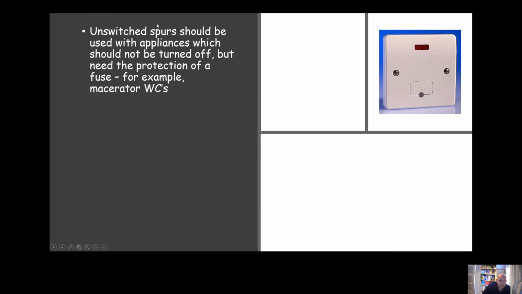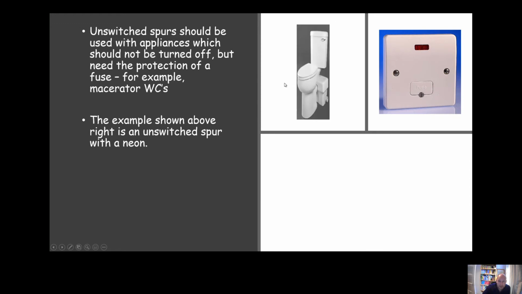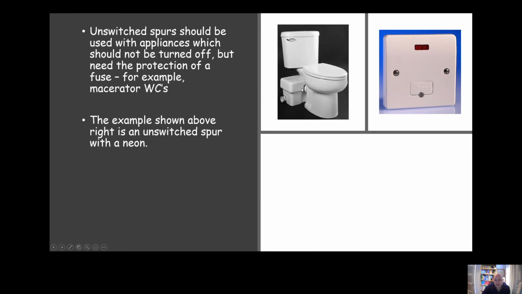So unswitched spurs should be used with appliances which should not be turned off. And the prime example of that is a macerator WC. A macerator is essentially something that you'd fit on certain toilets which are a long way away from or underneath a drainage pipe.